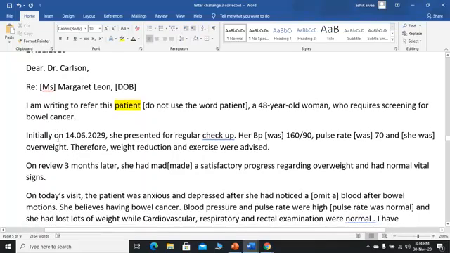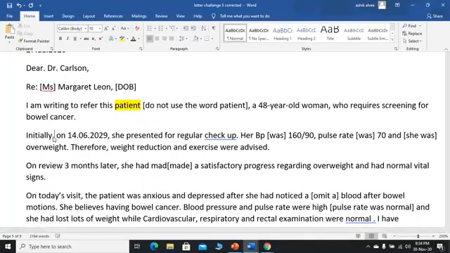Initially, comma is missing. On this date, she presented for regular checkup. Her BP, the word BP has not been written properly. It should be capital B and capital P, not capital B and small p. Capital B and capital P, and that's correct. "Her BP was 160/190, pulse rate was 70, and she was overweight."